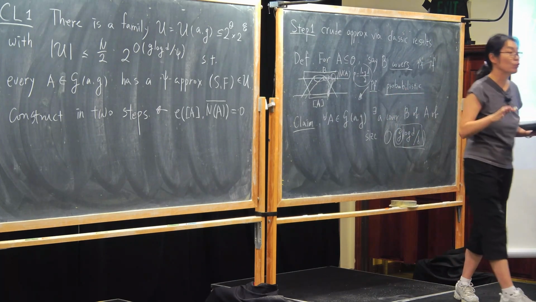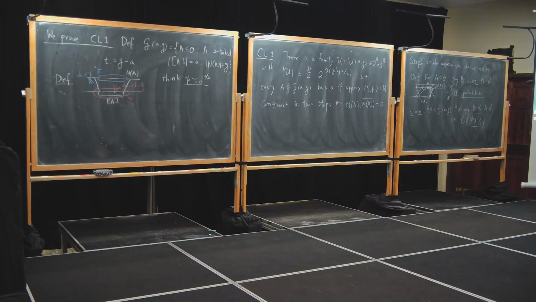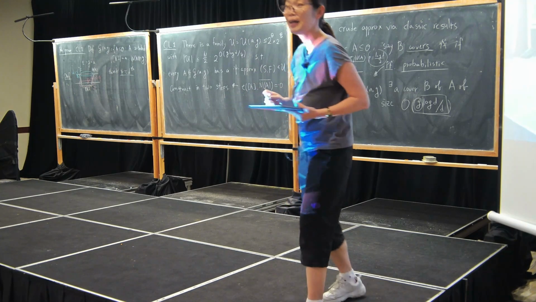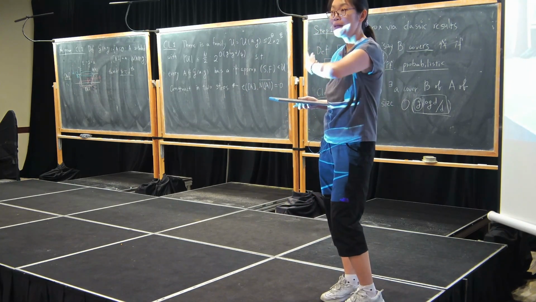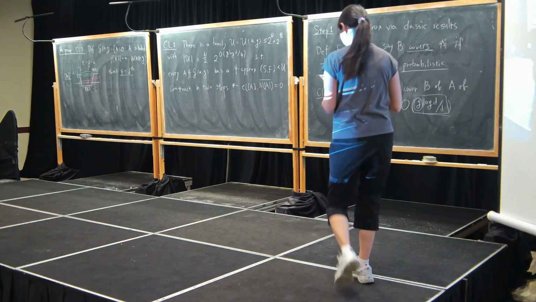That's the end of the proof. This is pretty simple, so let me not prove it. Just remember, the keyword is pick vertices at random. Okay? Are we happy? Let me move on.